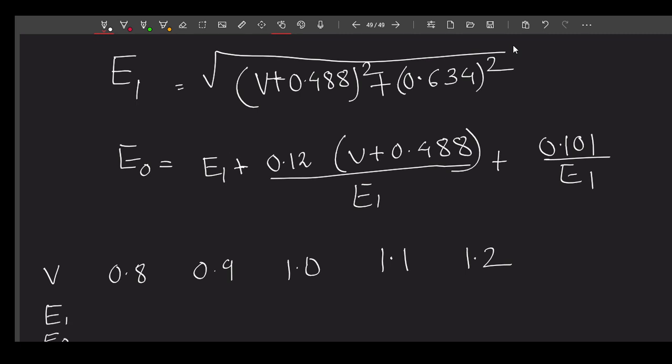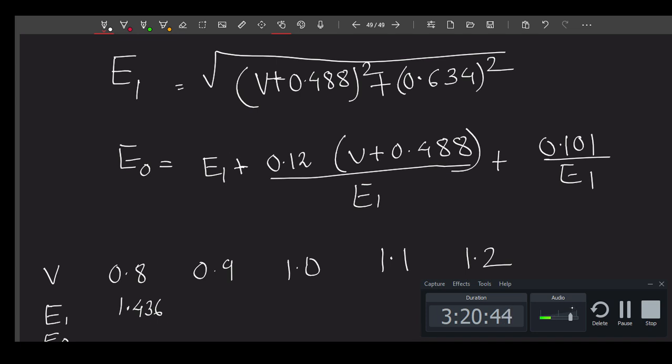So E1, just put 0.8 here and you find out what is the value of E1 we are getting. It is 1.436. What about E0? E0 you put, after calculating E1 you put here, you will find the value of E0.